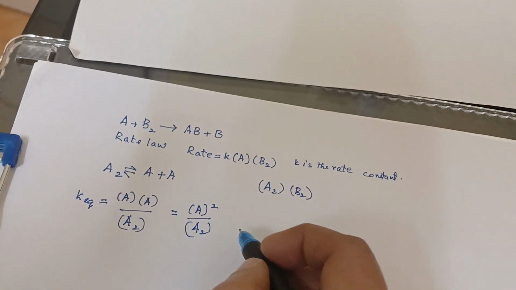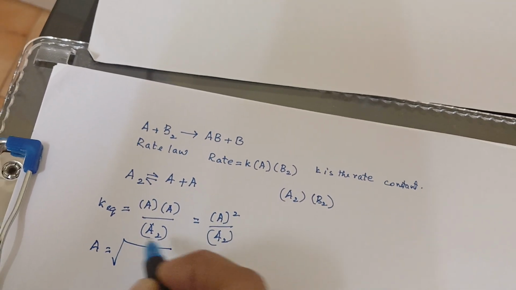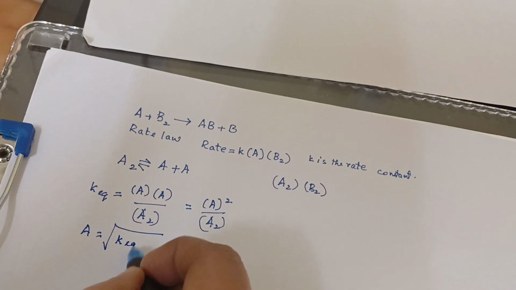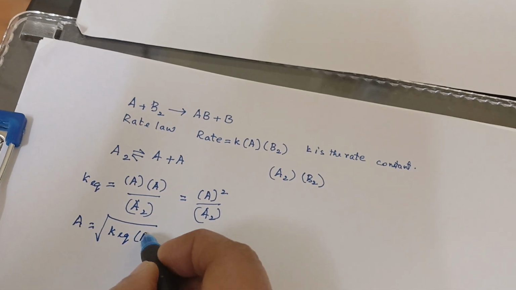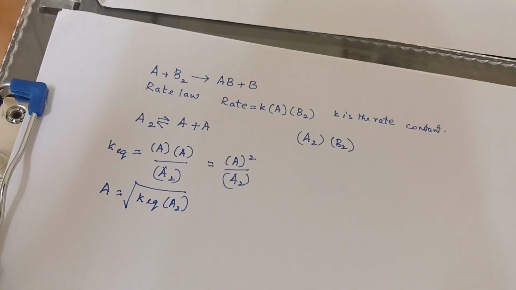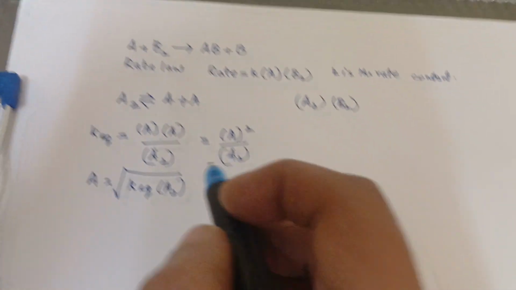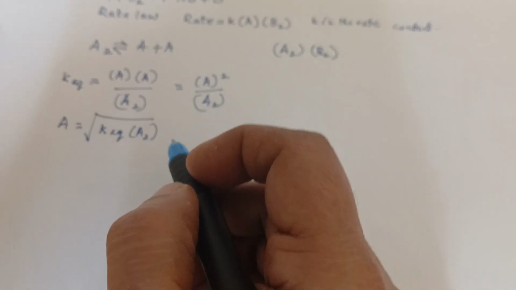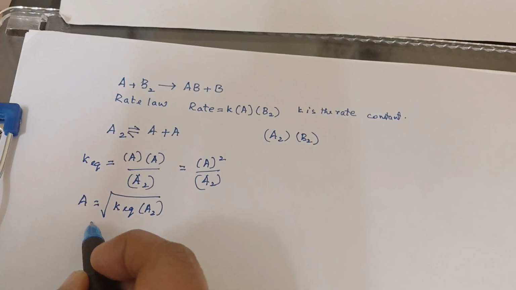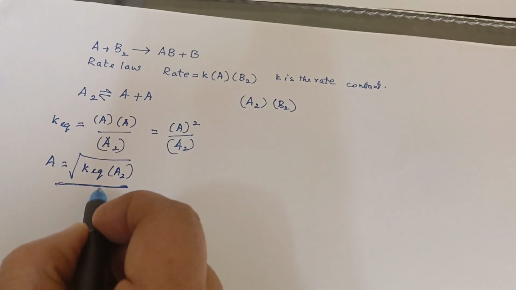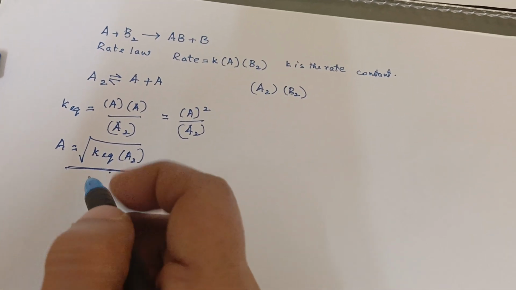Now from this we can find A. A equals square root of K equilibrium into A2. See, now we have got the term A2. So we can substitute for A in our rate law with this term.